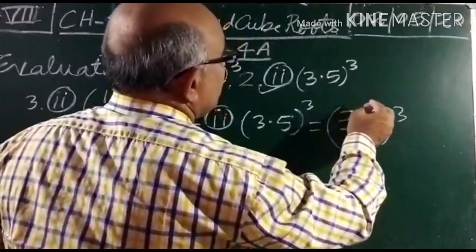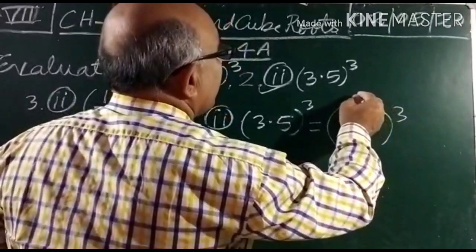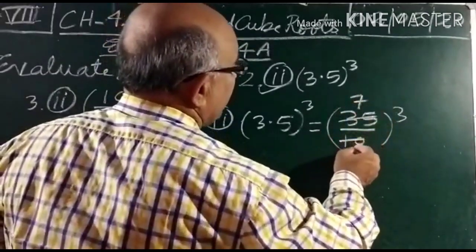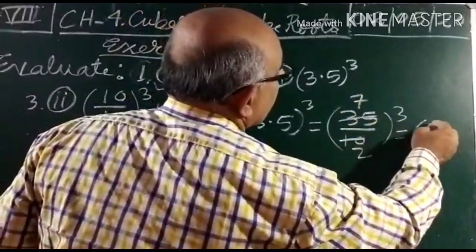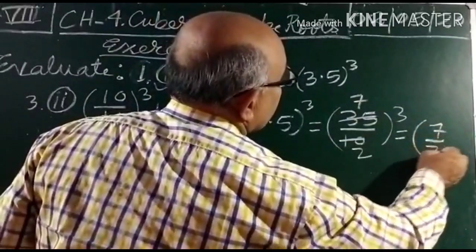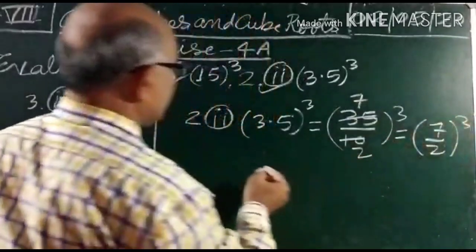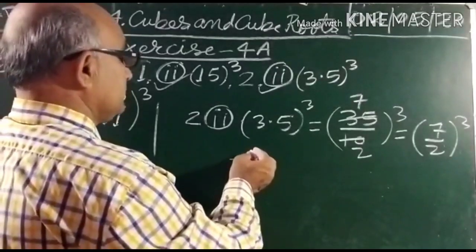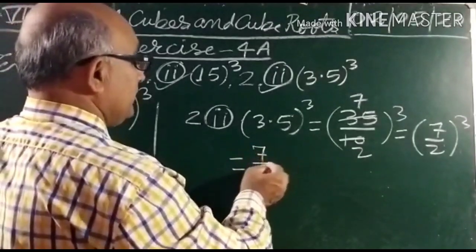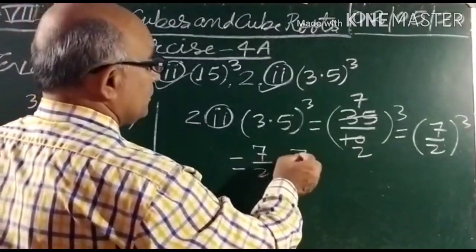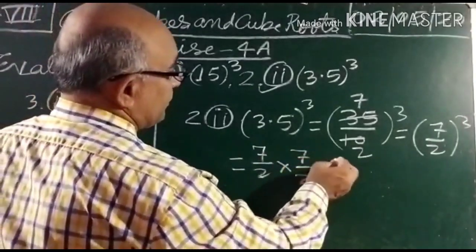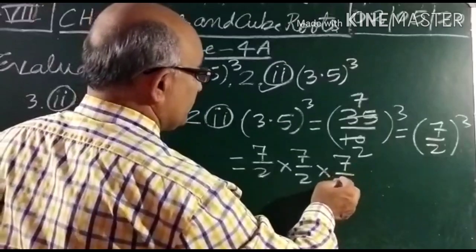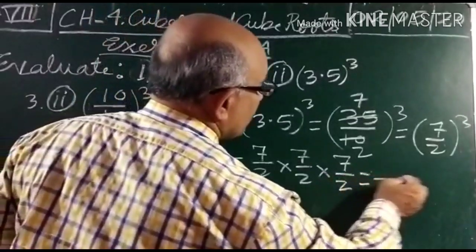Change it to the simplest form: 5 sevens are 35 and 5 twos are 10. So 7 by 2 cube. Now multiply it: 7 by 2 into 7 by 2 into 7 by 2.